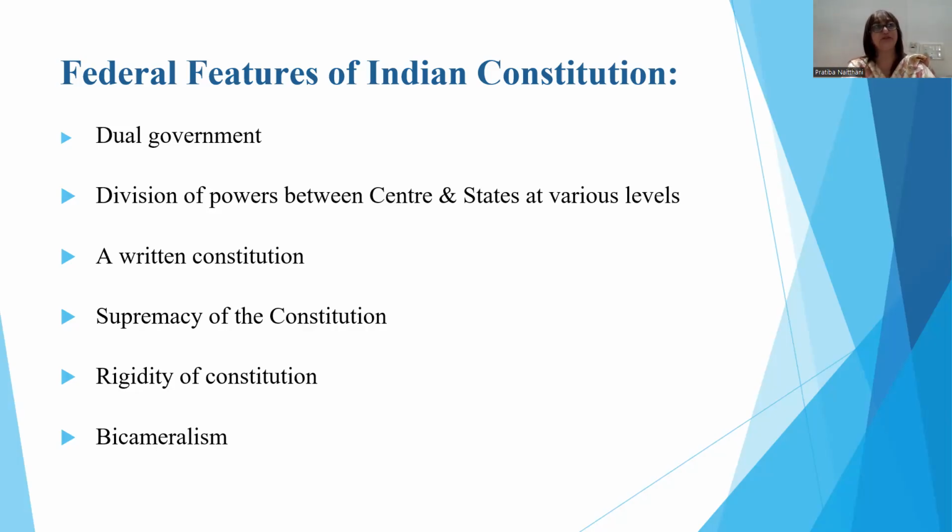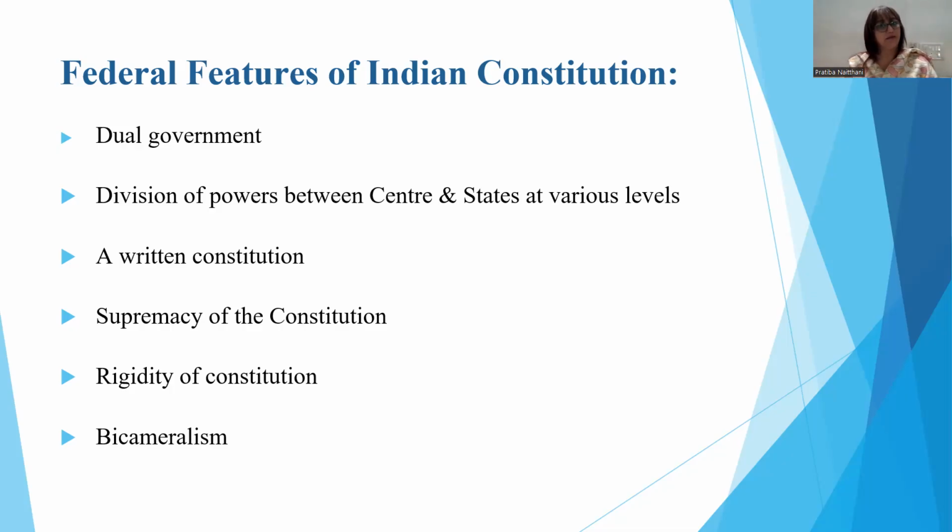Imagine, we are more than 75 years old now, and our constitution has been amended 103 times. That's a very good score considering the size of our population and the diversity of our country. We are doing considerably well.